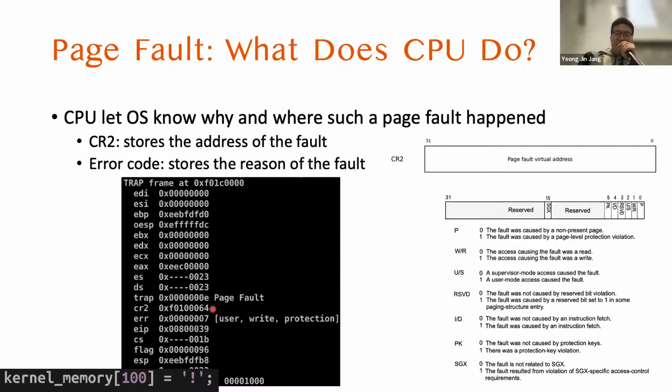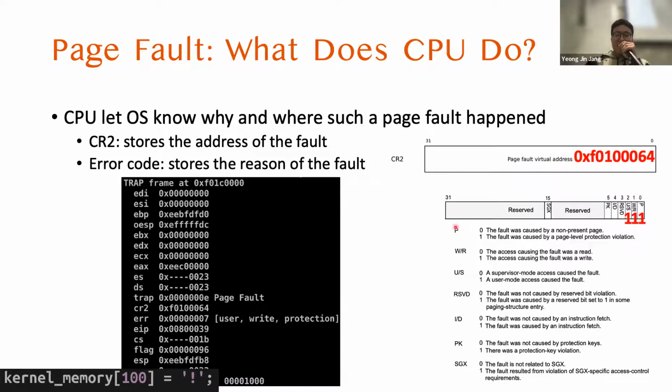And then the error code will store this kind of information. But the important thing here is the last 3 bits: P, W, R, US.